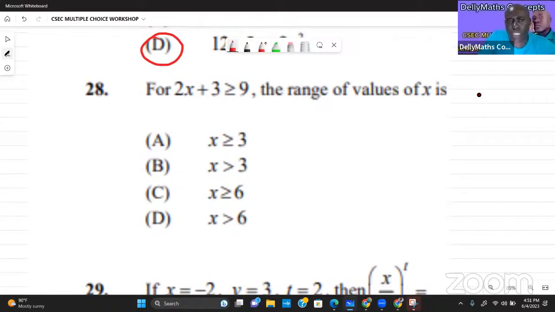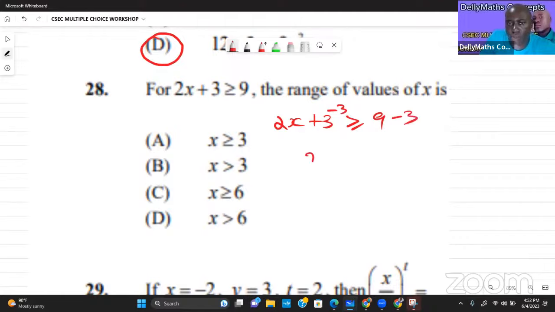Number 28. So for 28, you're solving this. Based on what we have, 2x plus 3 is greater than or equal to 9. It is solved ordinarily, so we'll take 3 from both sides.